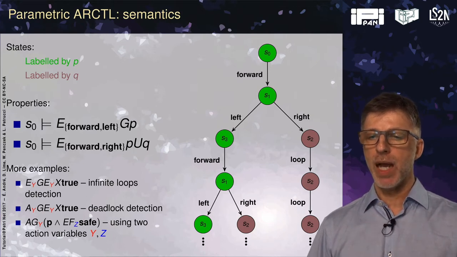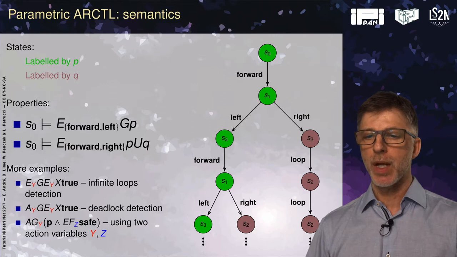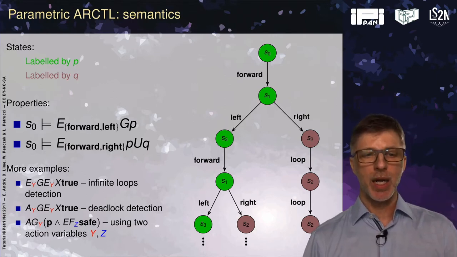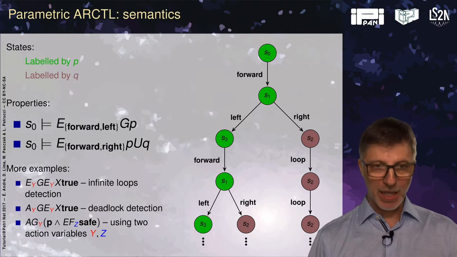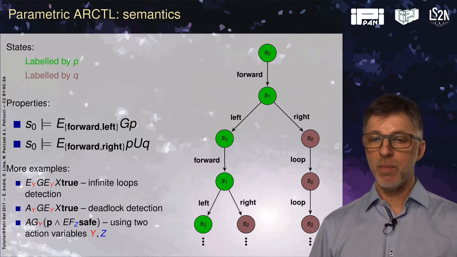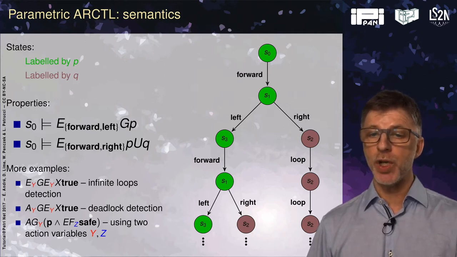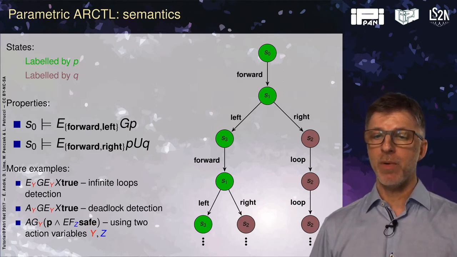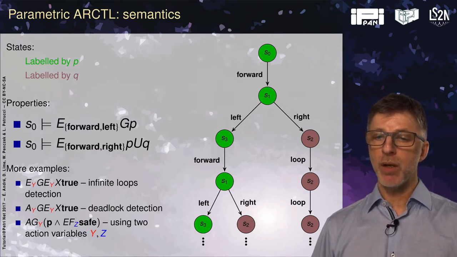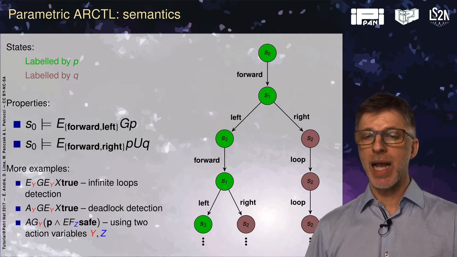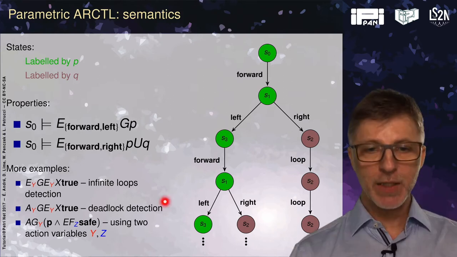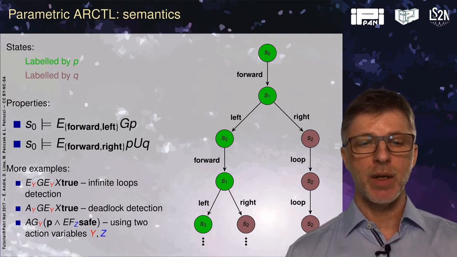That formula is true in a model in which there are infinite loops, but because we are using variables, we can in fact also ask for which valuations of the y variable that formula would be true in a model, which means that we get an answer to the question over which actions there are infinite loops. The next formula is used for deadlock detection.